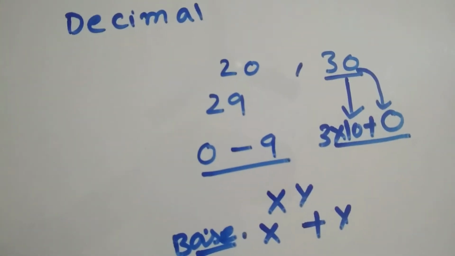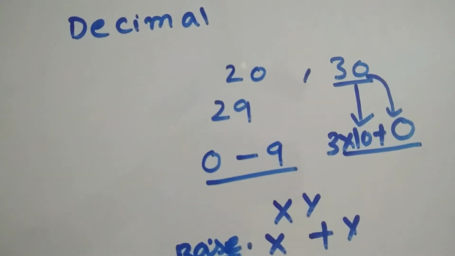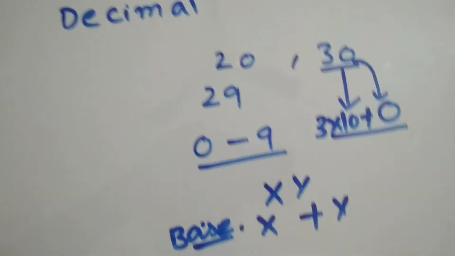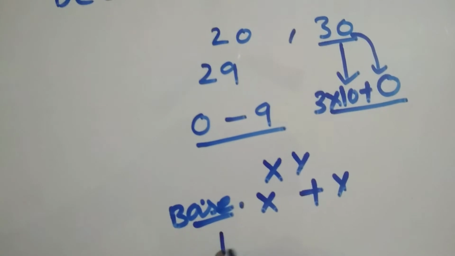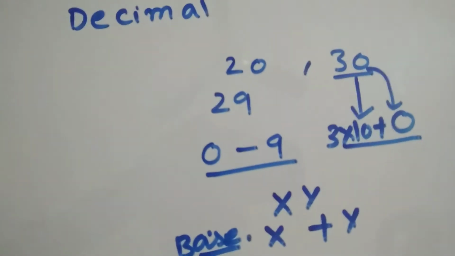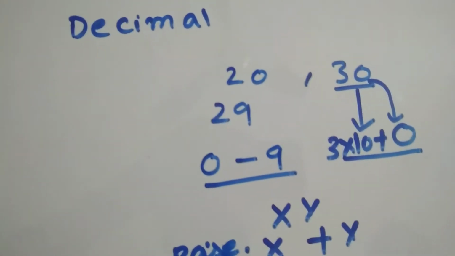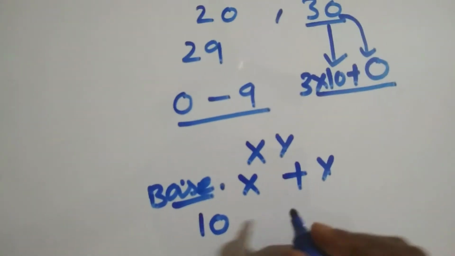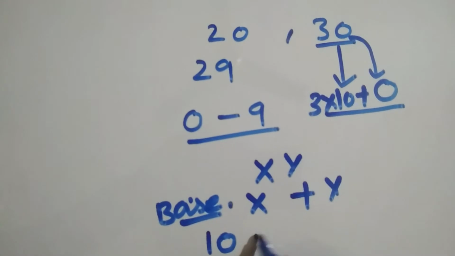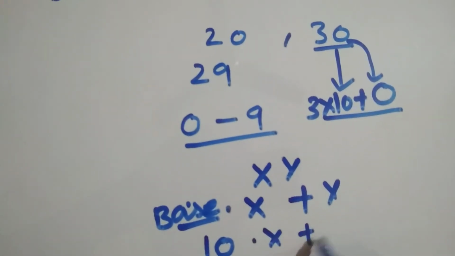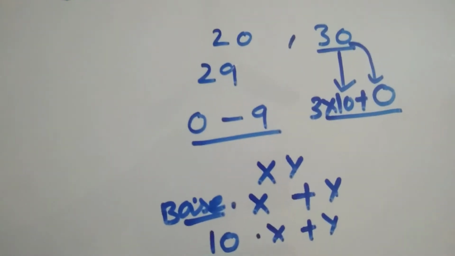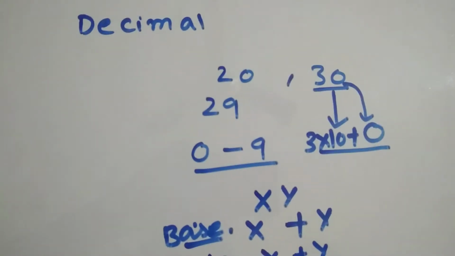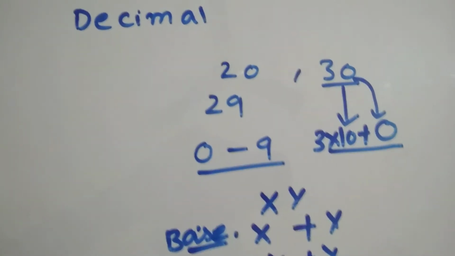Let us consider our number system is decimal for now, then the base will be 10. Why will the base be 10? Because we have 10 distinct digits, 0 to 9. So our number will be 10x plus y.